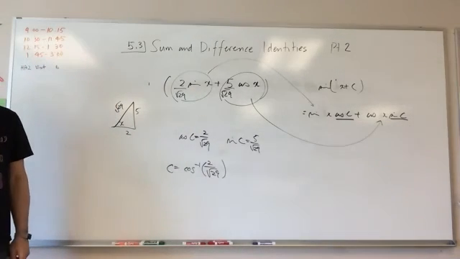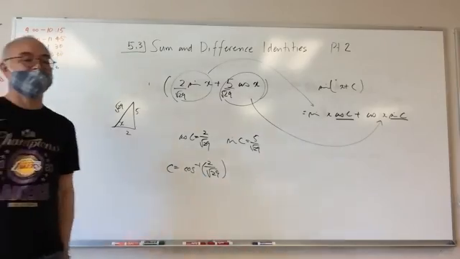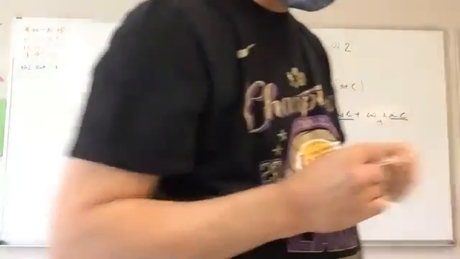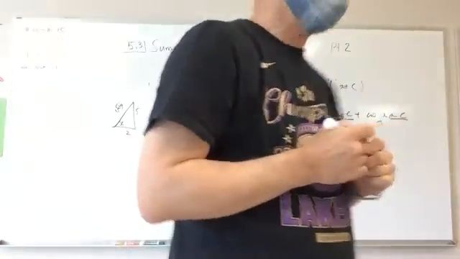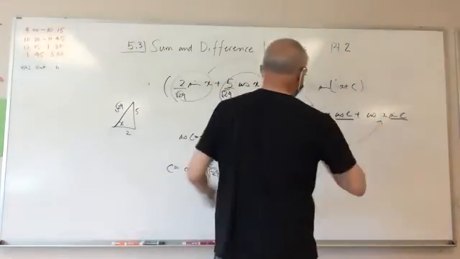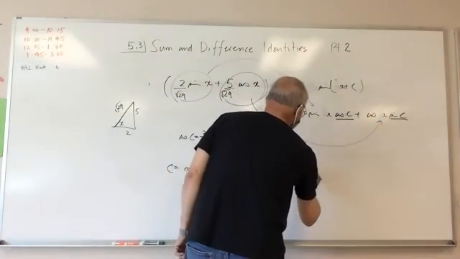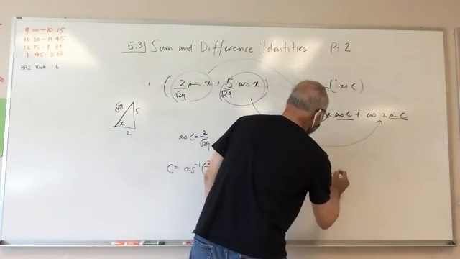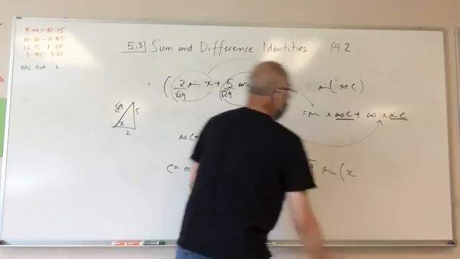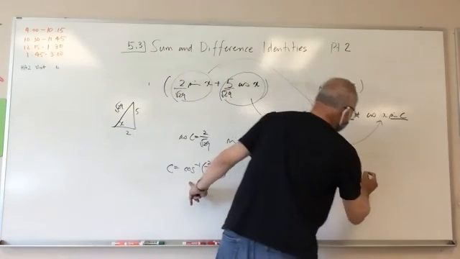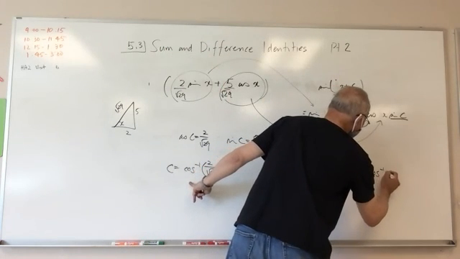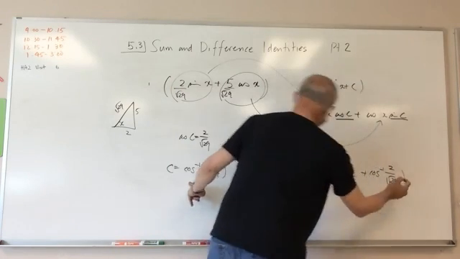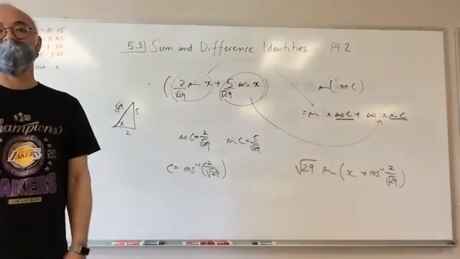A little tricky, I'll have to review, but it makes sense. If you wrote it out in the end, it's going to be A, which we found to be the square root of 29, sine of B, which was 1, x, then you would add the arc cosine C. That's your answer.